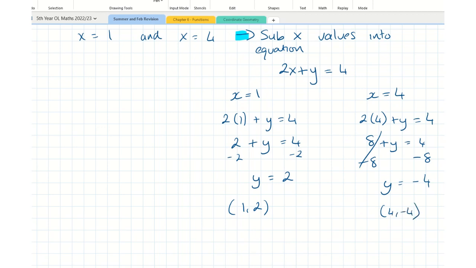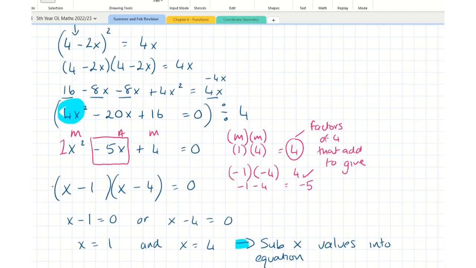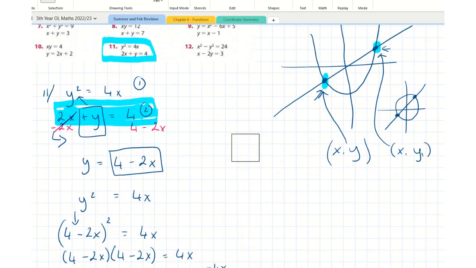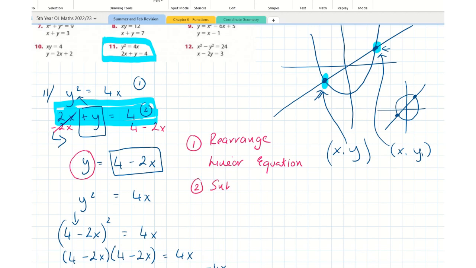Okay, so they are a little bit long, but that's basically what you do. Step 1 up here is to rearrange the linear equation, so the equation without an x or y squared. We rearrange that to get a value for x or y that we can sub back into the quadratic.